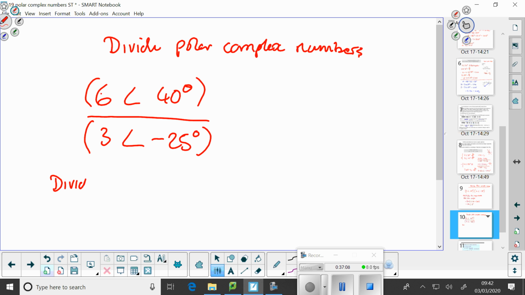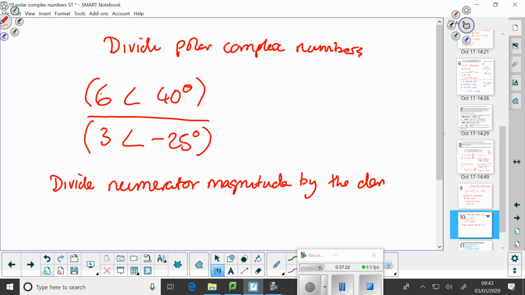the numerator magnitude by the denominator magnitude.